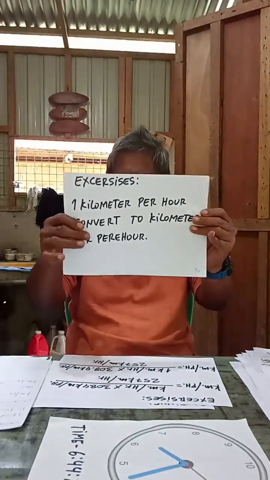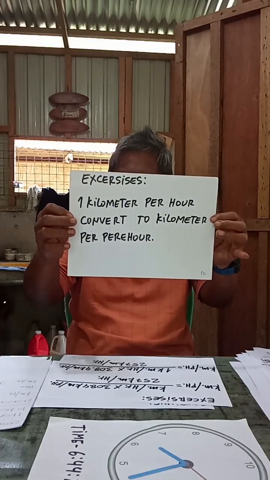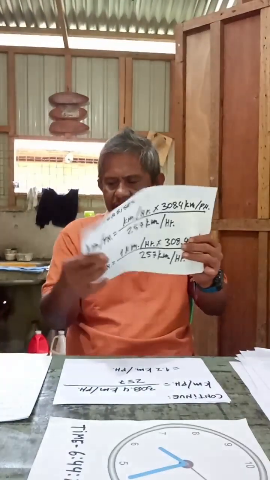So, exercises. Convert 1 kilometer per hour to kilometer per perihour. Exercise calculation.